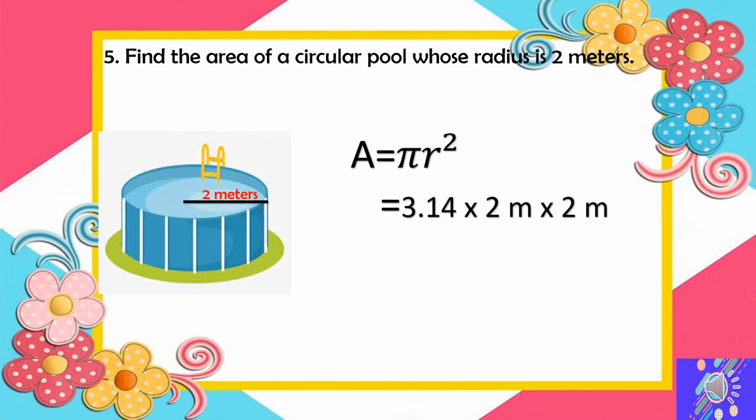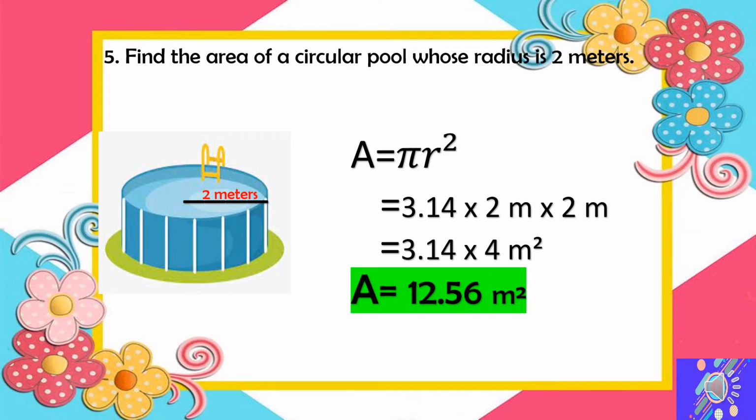So let us now substitute the value of pi, which is 3.14, times the radius, which is 2 meters, times 2 meters. So when we multiply 2 times 2, we have 4 square meters. So when we multiply 3.14 by 4 square meters, the area of the circular pool will be 12.56 square meters.